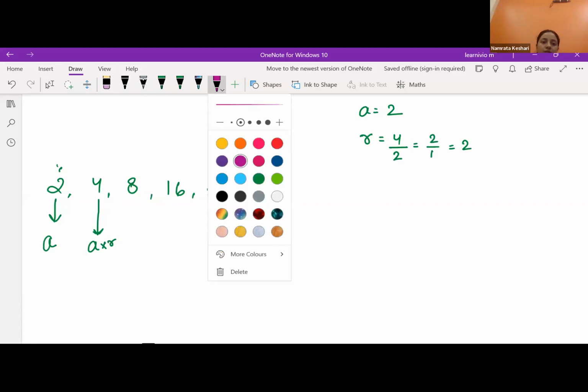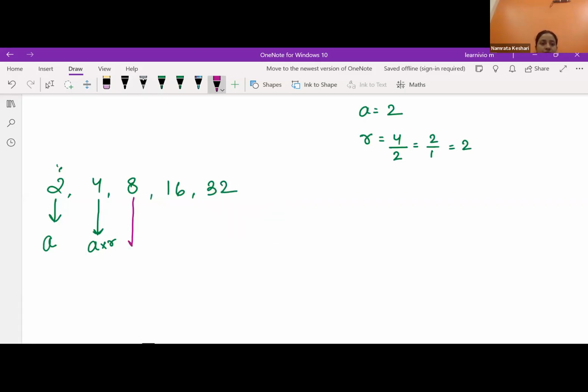Can I write the third term as the previous one multiplied with r? Check it. The previous one was 4, multiplied with r, that is 8. Yes or no?